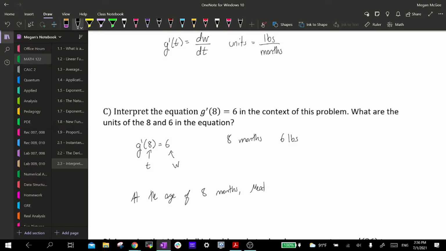Here we go. Meatball is gaining weight because it's positive, right? So that means it's increasing at a rate of 6 pounds per month. That would be our interpretation of this equation.